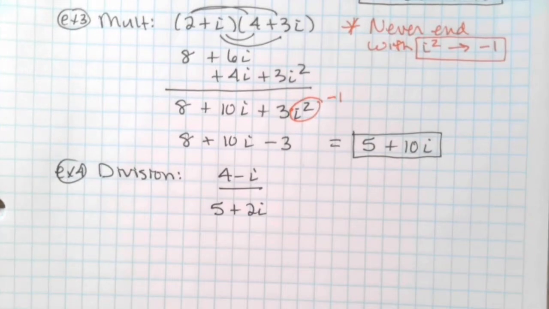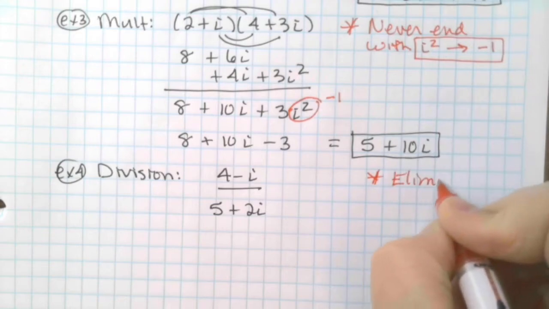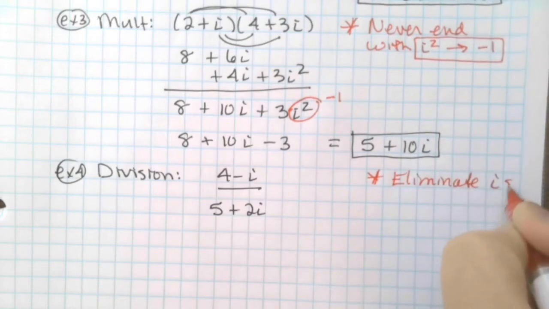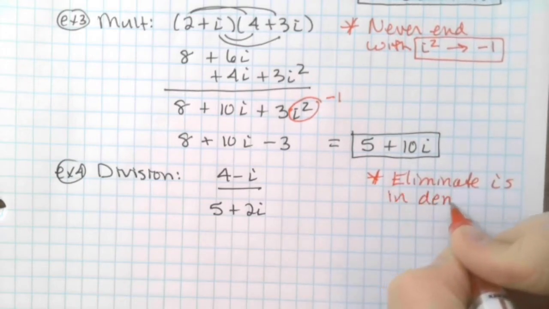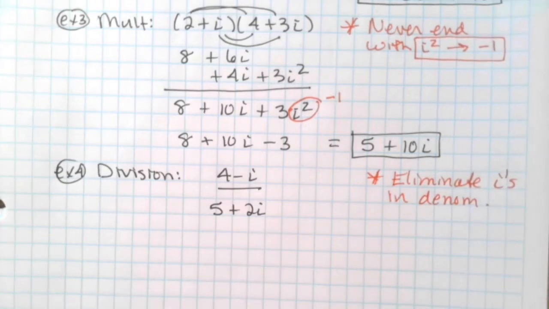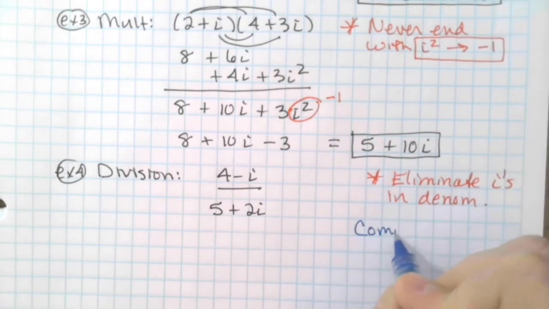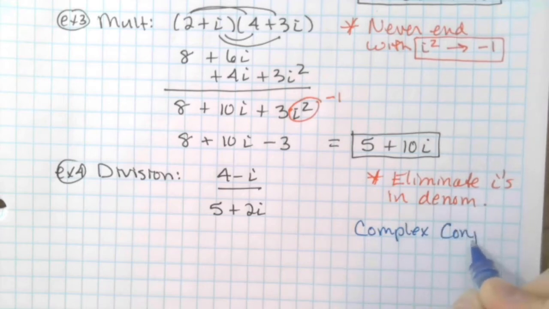Division basically is to eliminate i's in the denominator. You can't have i's in the bottom. So in order to get rid of the i's in the bottom, you're going to use a concept called complex conjugates.